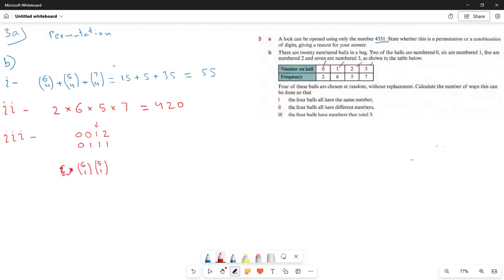Instead of one for the zeros, I can say 2 combination 2, because there are two balls with zero on them and I have to choose both of them, so it is just one possibility.